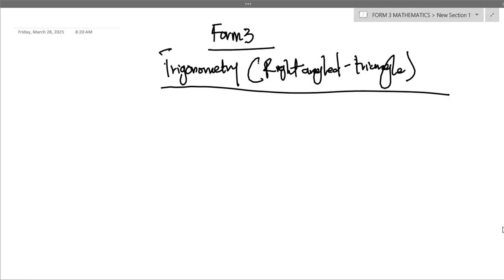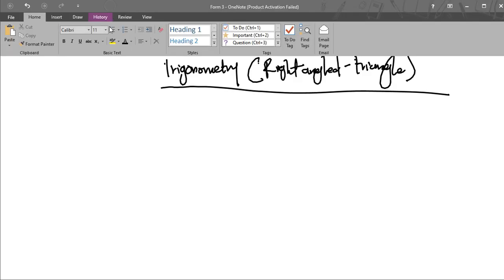Before I continue, let's do a quick overview of what we've learned so far under trigonometry. Let's do a quick revision of what we did the other time. We started with the right angle triangle.